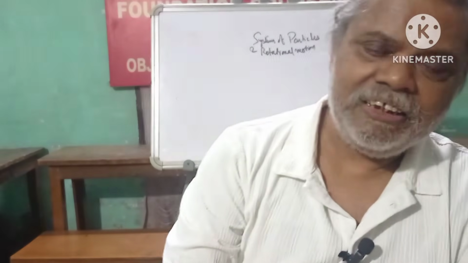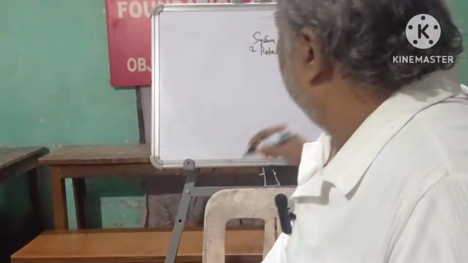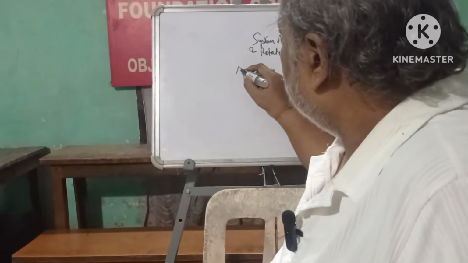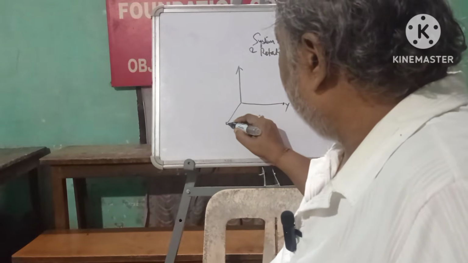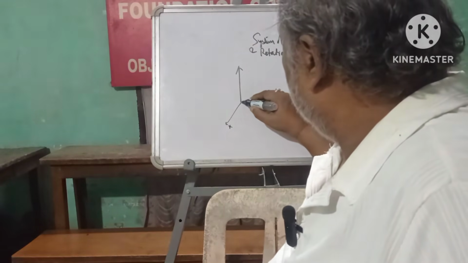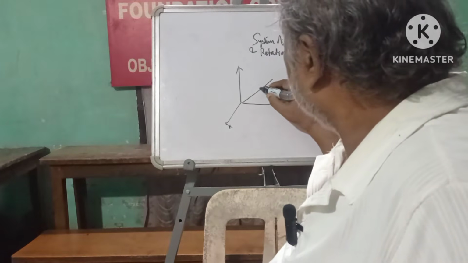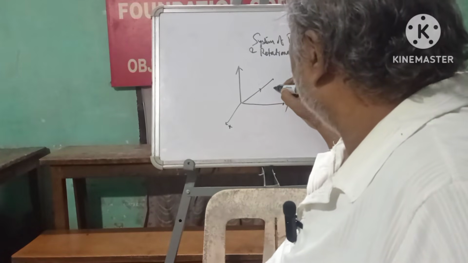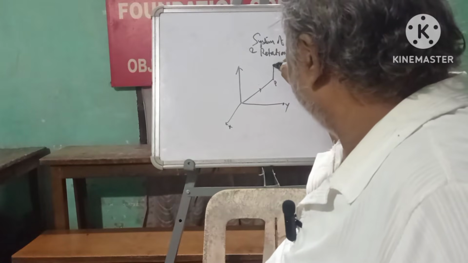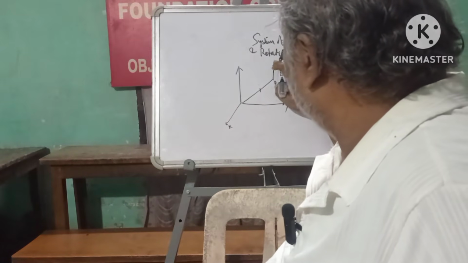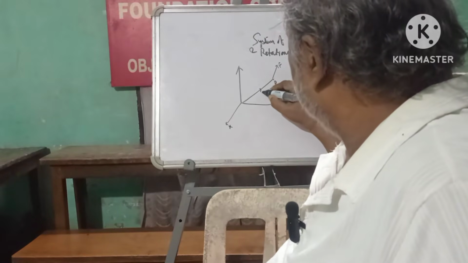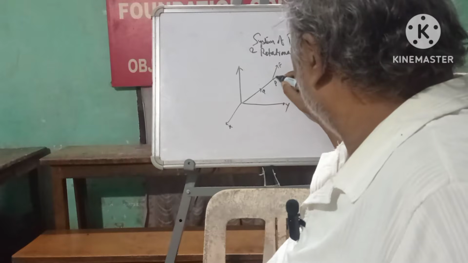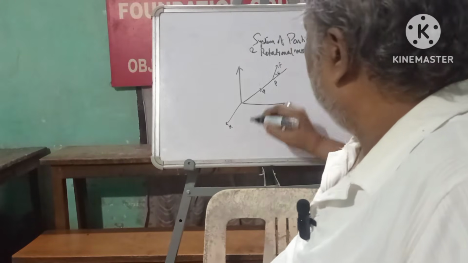So here, the torque. Here you see that this is the y axis and this is the x axis. Let this be the position vector. Here a particle P is here, and the force acting here is F, and this force is making an angle theta with this position vector.